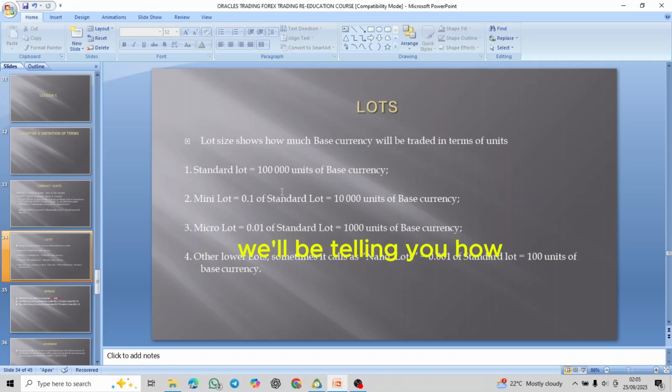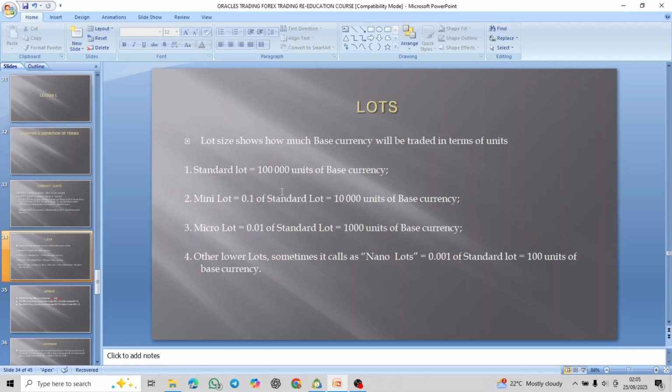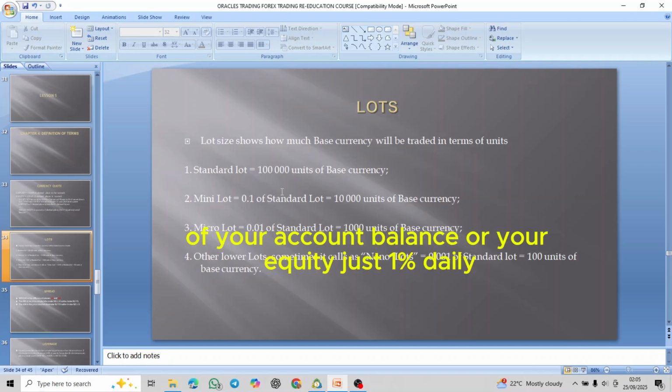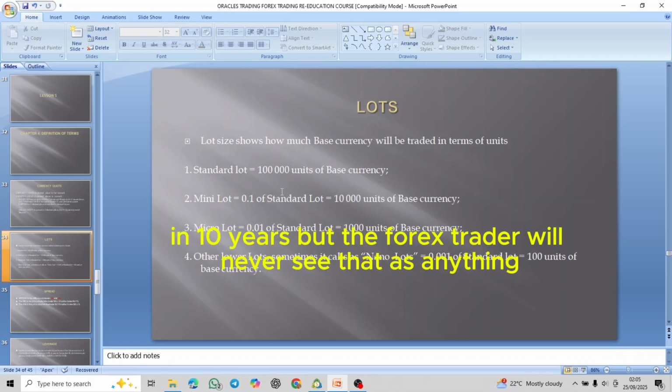We'll be telling you, if you can make just 1% of your account balance or your equity, just 1% daily, where you will be in 1 year, in 5 years, in 10 years.